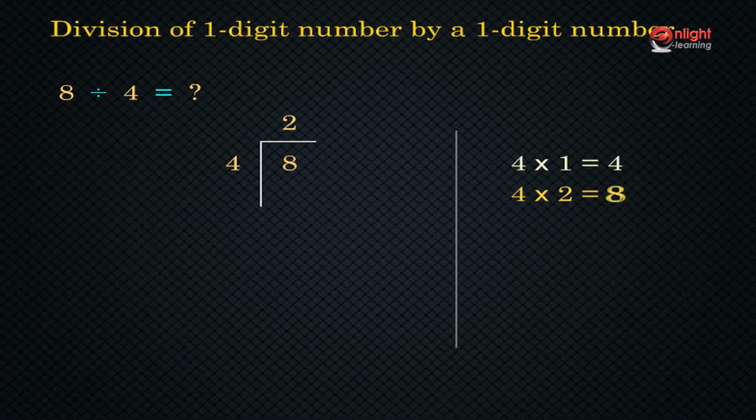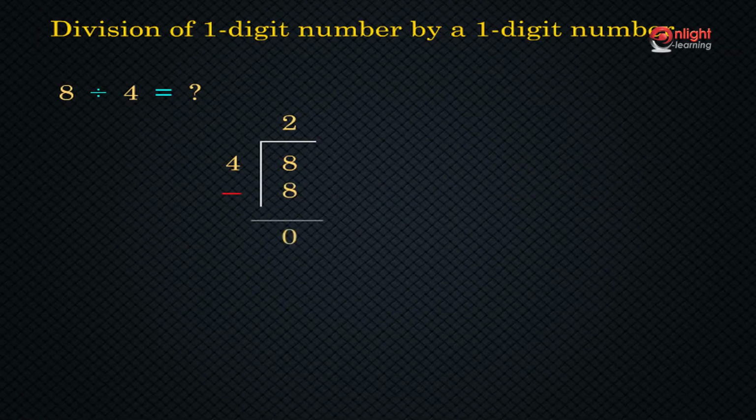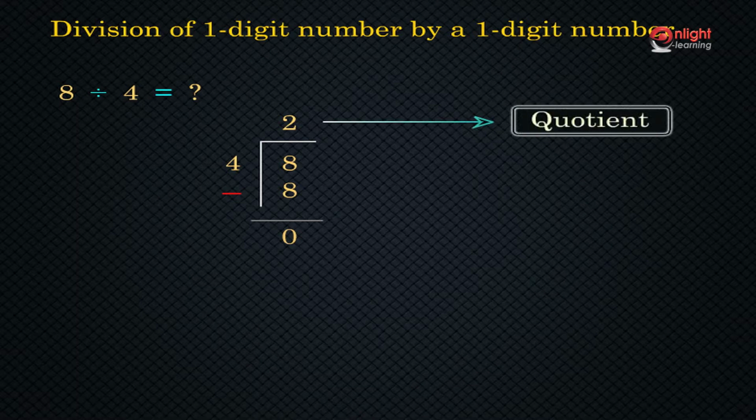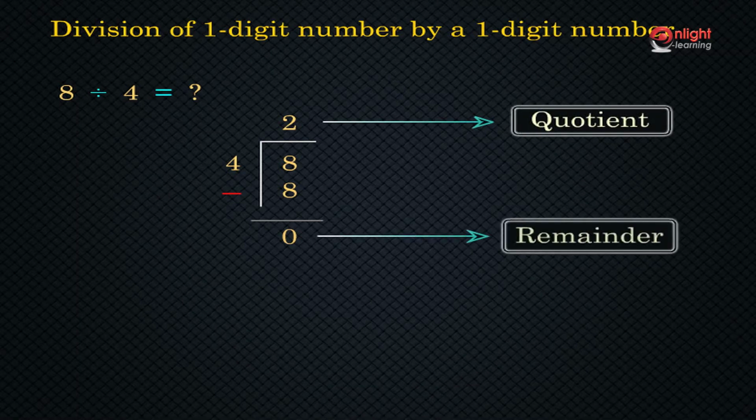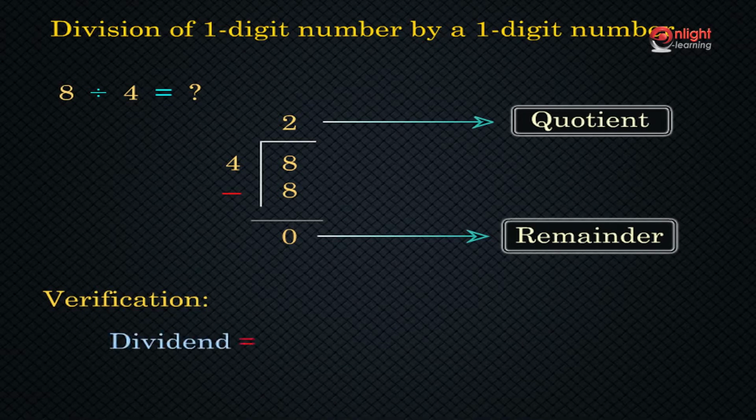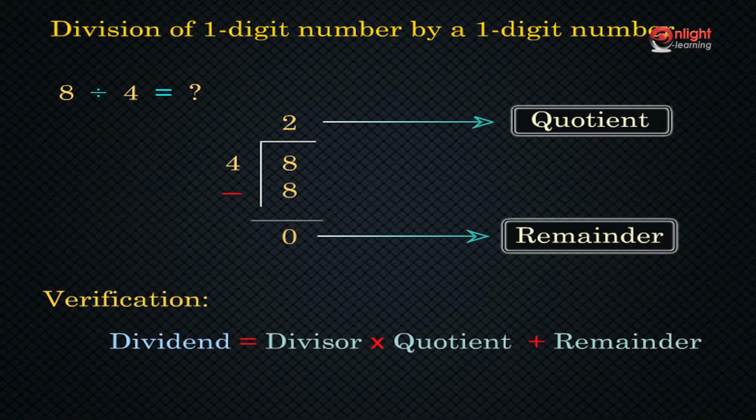Write 8 below 8 and subtract. Therefore, quotient = 2, remainder = 0. Verification. Dividend = divisor × quotient + remainder = 4 × 2 + 0 = 8.